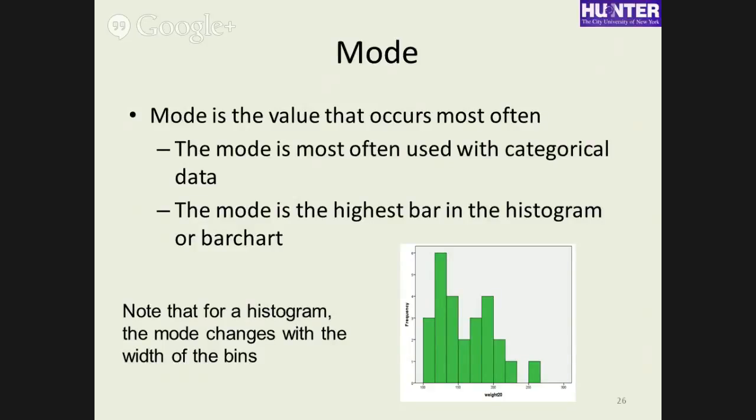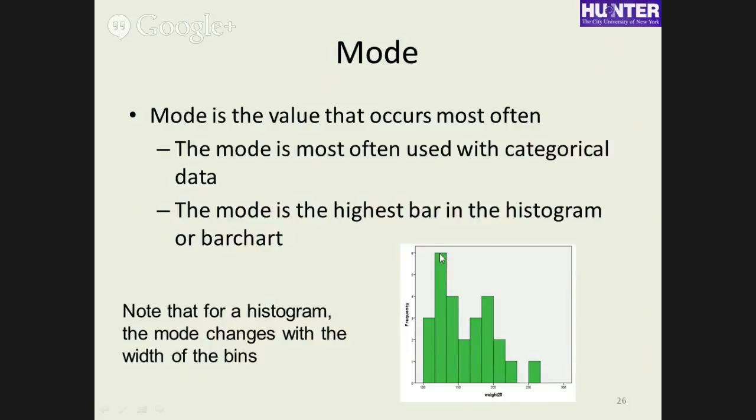The mode is the value that occurs most often. So this is well defined for categorical ordinal variables. For quantitative variables, it's less well defined because you have to do some amount of binning or discretization, as in the histogram, in order for the mode to be defined. But for a specific size of these bins, the mode is just the highest bin.